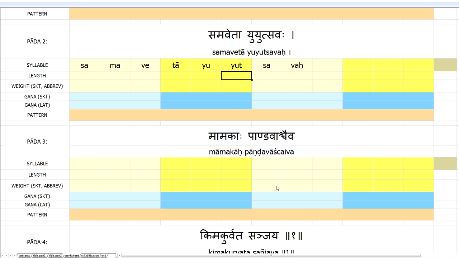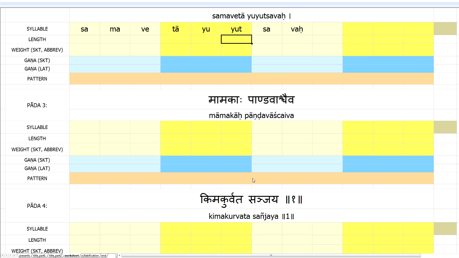And then we have pada number 3, mamakah, pandavah, ca. And how do we do that? Well, like that, and then the m will move to the right, so we can cut ma and paste there. And then we have another ma.